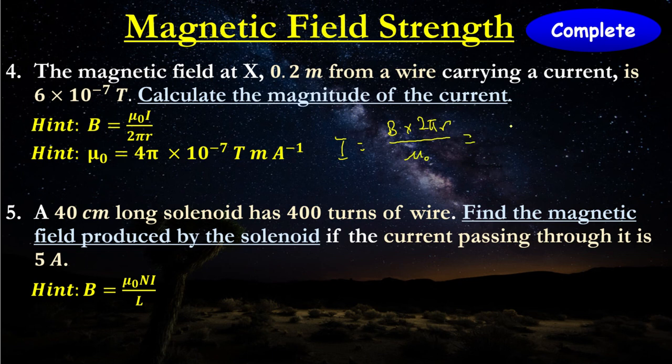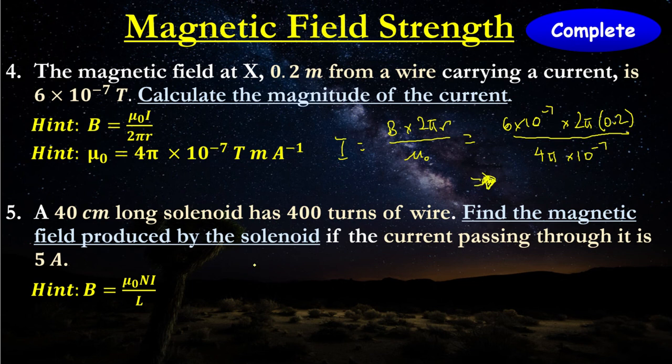So magnetic field strength is 6 times 10 to the power of minus 7, times 2 pi r, in this case 0.2 meters, divided by 4 pi times 10 to the power of minus 7. That's the working out there. We'll get to the answers in a second.